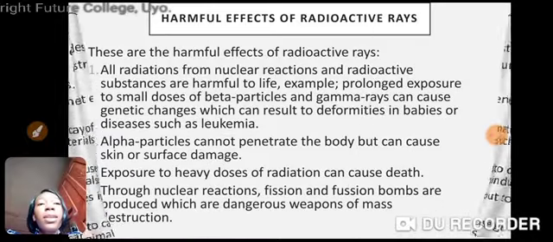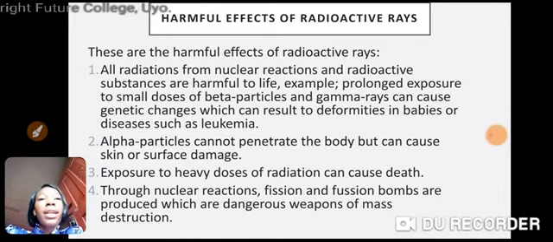Going to look at the harmful effects of radioactive rays. Remember, when we were defining radioactivity, we said that it is what? The release of powerful but very dangerous rays from certain elements. So these are the harmful effects of radioactive rays.